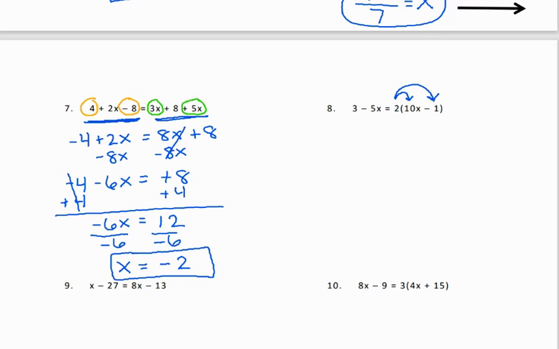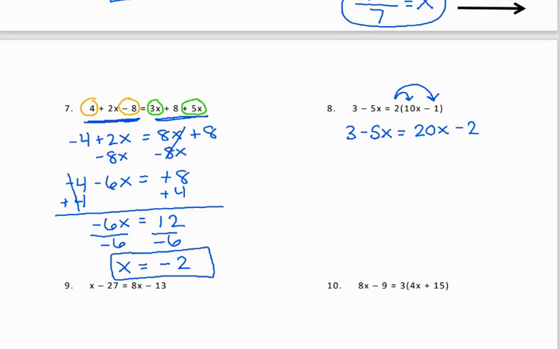So I'm going to just copy the 3 minus 5x. And now I distribute. 2 times 10x makes 20x. And 2 times -1 is -2. Now we look.